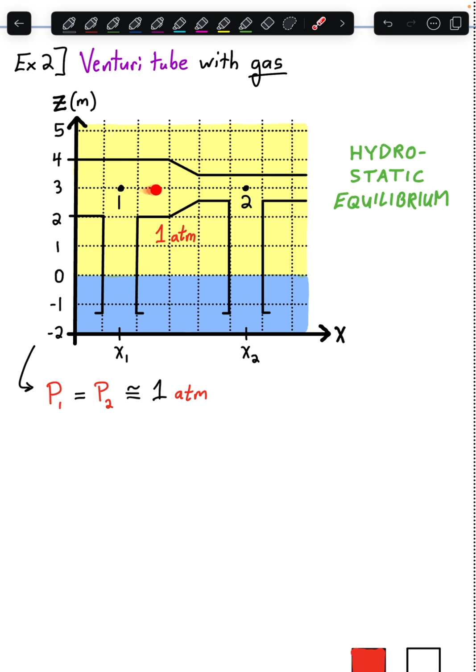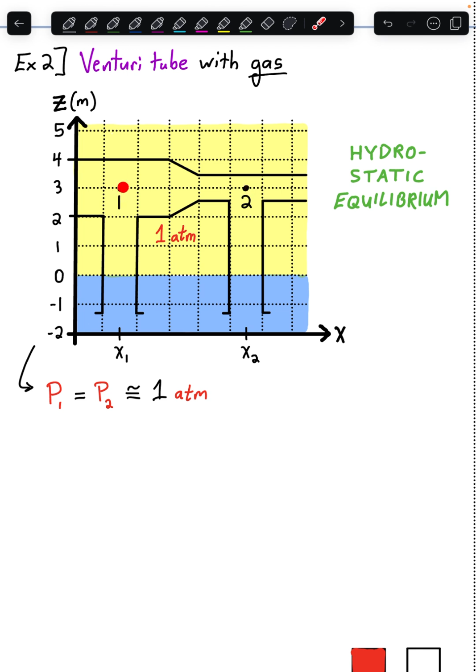If gas starts flowing through here, we know based on the Bernoulli effect that here at 1, where the tube is wide, we will have a slow-moving, high-pressure gas, and then we'll have an acceleration zone here where the diameter changes, and then here at point 2 in the narrow diameter section, we will have low-pressure, high-speed gas. The point being that once we have flow from left to right, the pressure here at 1 should increase and the pressure here at 2 should decrease.